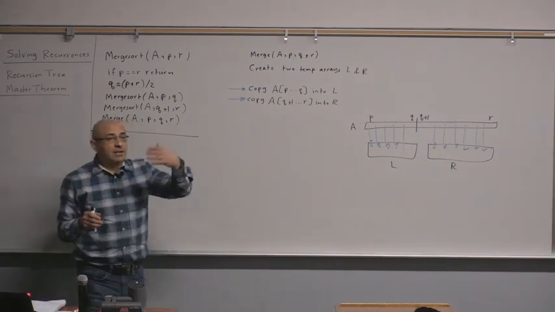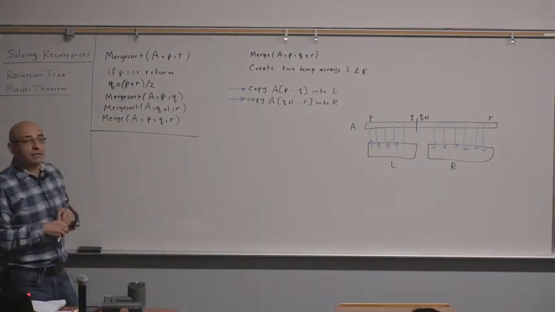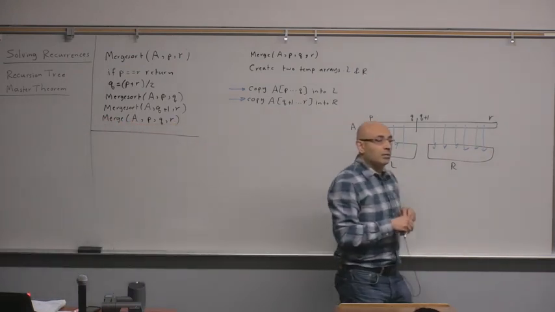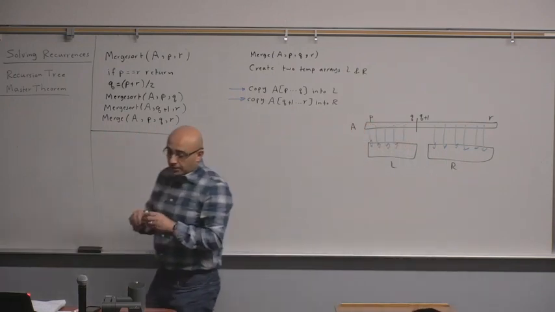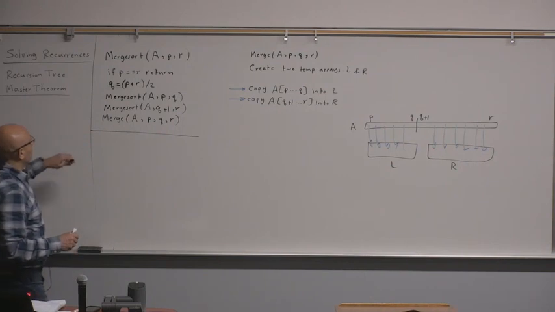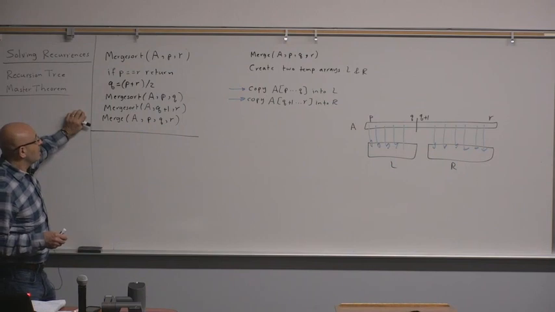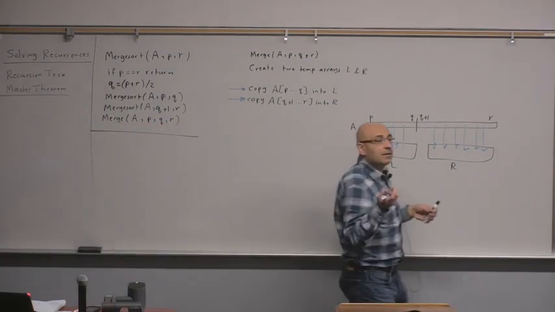Then we will generalize this and learn how to write an equation that represents the running time of a divide and conquer algorithm, and we will learn general techniques for solving these equations. So if we think about the running time of merge sort, who can analyze the running time of merge sort?